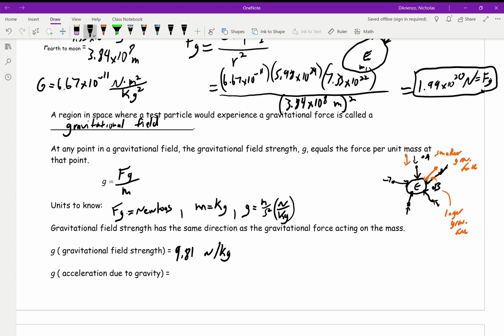But the acceleration due to gravity, so again, just depending how we're referring to this, is also, if we're talking about acceleration, 9.81 meters per second squared. Now this is only going to be when we're near the Earth's surface. And G is going to be uniform. So we're going to assume that that value is not going to change as long as we are near Earth's surface.